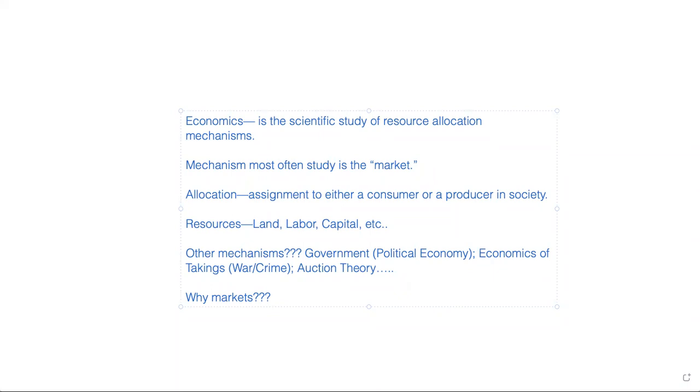So markets, especially in the United States, it turns out that about 70% of all resources in the US are assigned through market exchange, which is another good word.